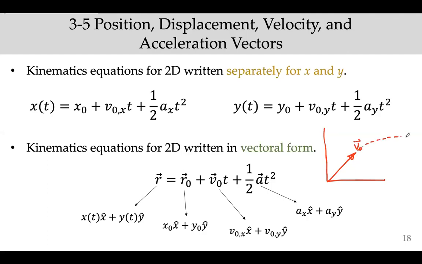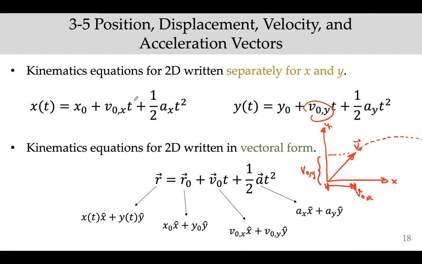So that object goes like this. This is x, this is y. So v0 has an x component, its magnitude is v0x. And it also has a y component, and that component is here, v0y.